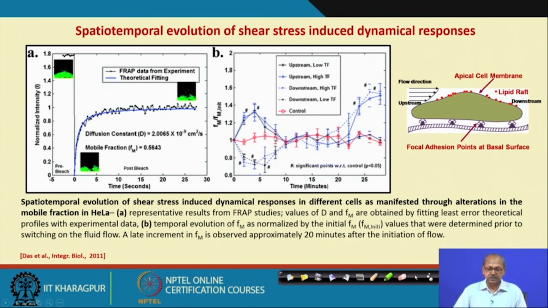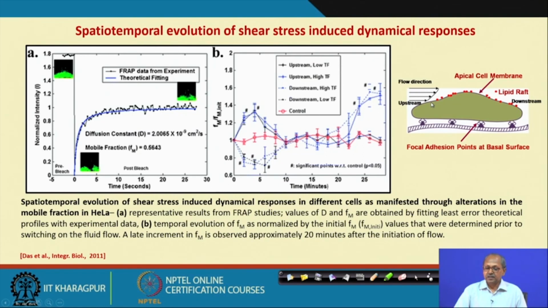We are taking control cells where there is no fluid flow. This is represented by the red line, and this blue line particularly says upstream, where there is high traction force, and the dotted blue line is downstream, where there is high traction force. If you compare within 5 minutes, there is a huge difference with respect to control cells between the upstream and downstream positions in the mobile fractions, which indicates the fluidity of the membrane.